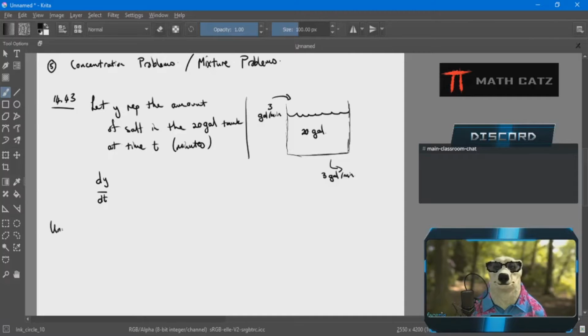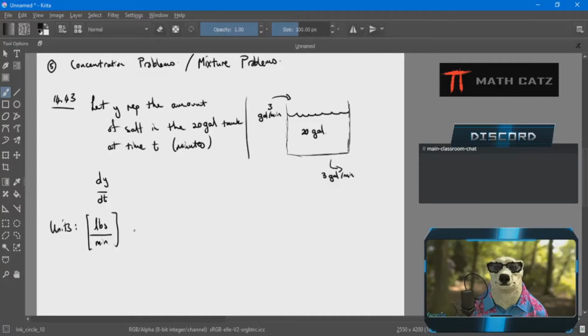Now let's keep track of the units here, which might be helpful. This is going to be pounds per minute. Pounds per minute. Because y is in pounds and time is in minutes.